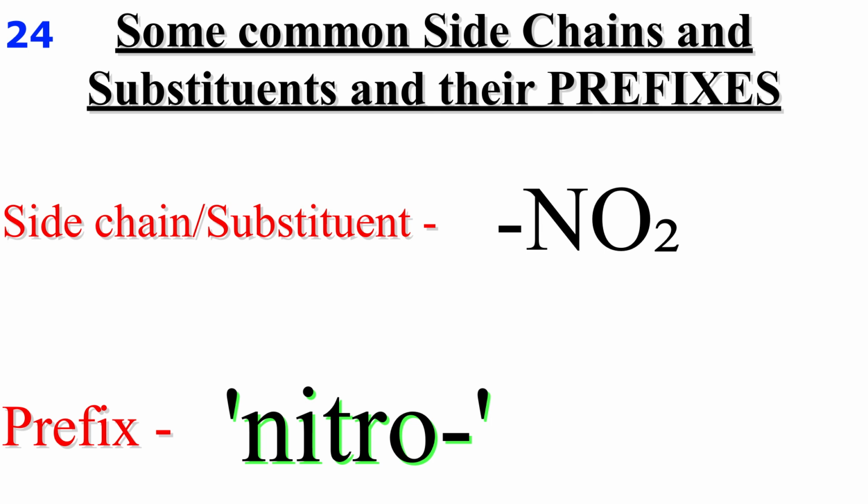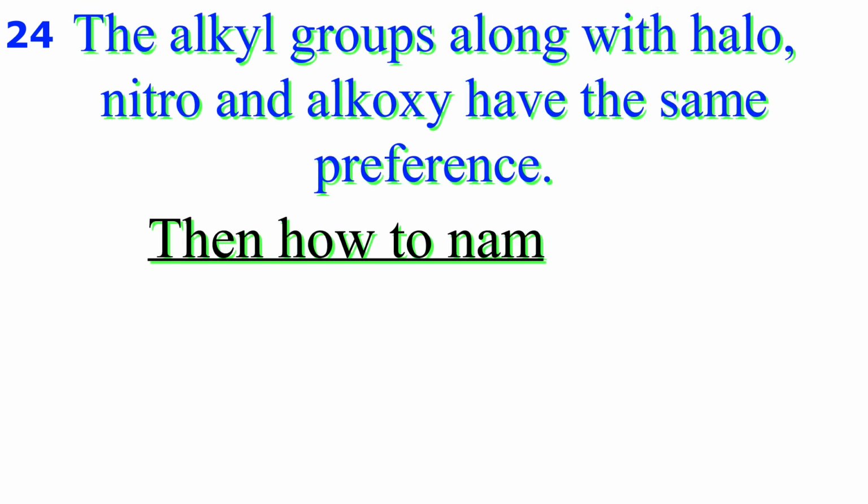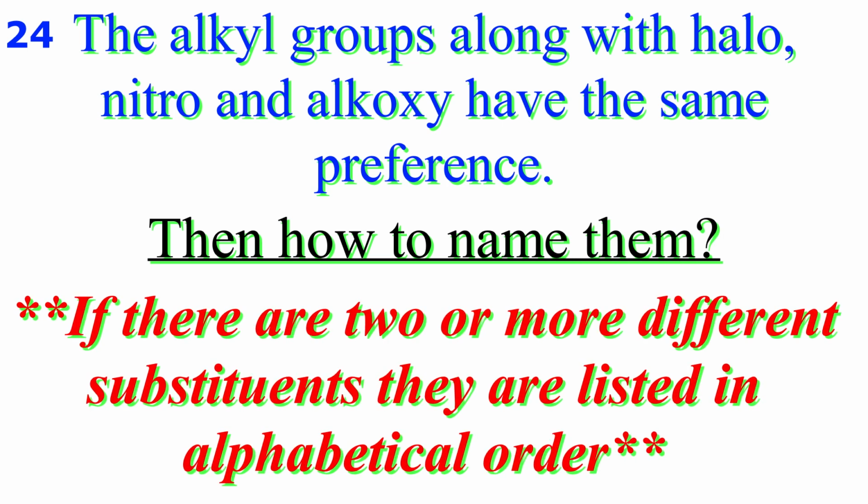Remember, friend, the alkyl groups along with halo, nitro and alkoxy have lower priority than double and triple bonds.